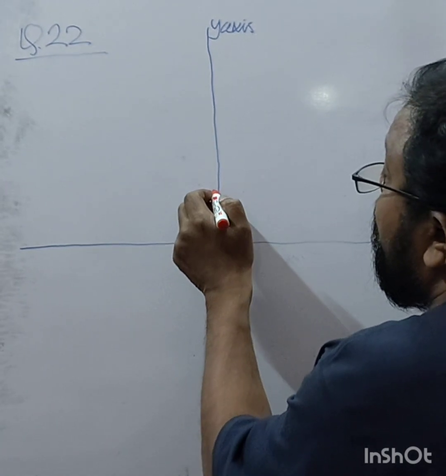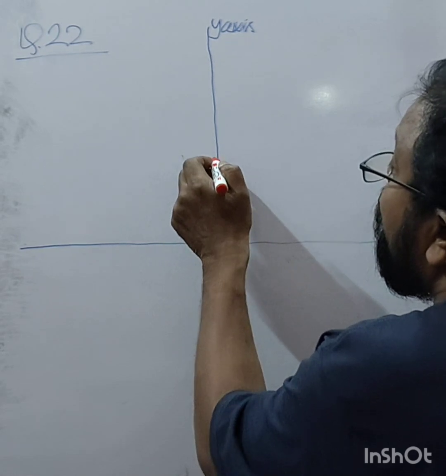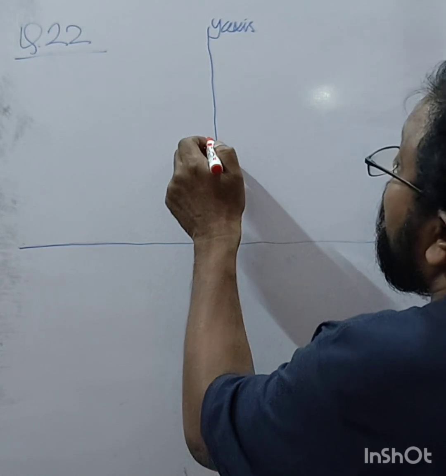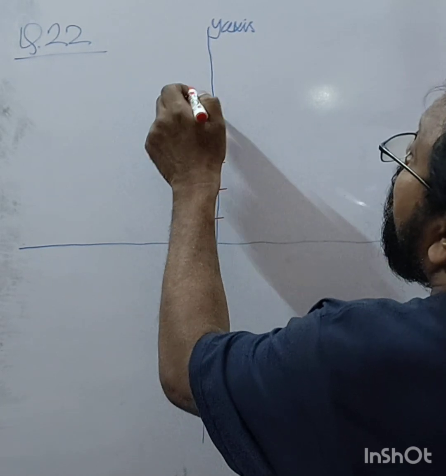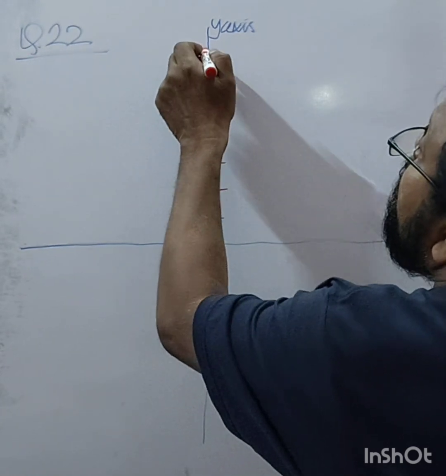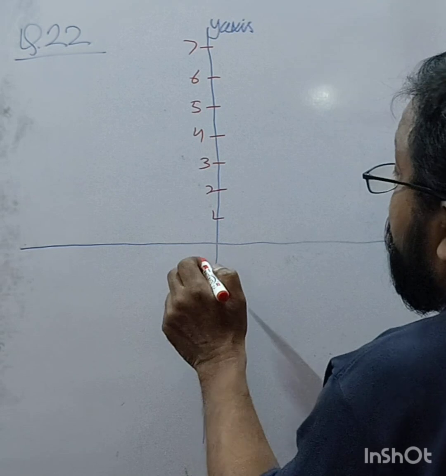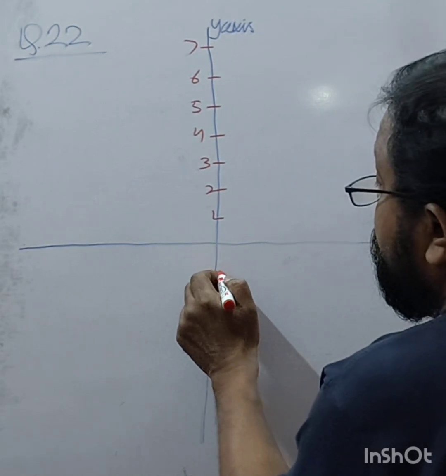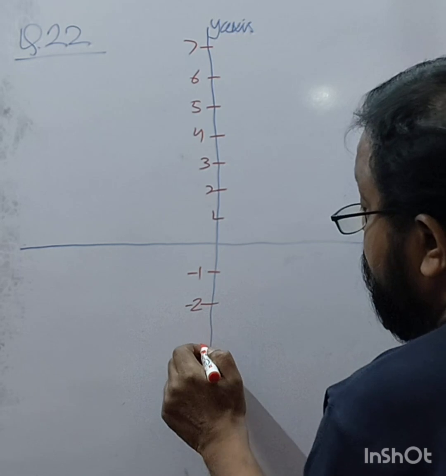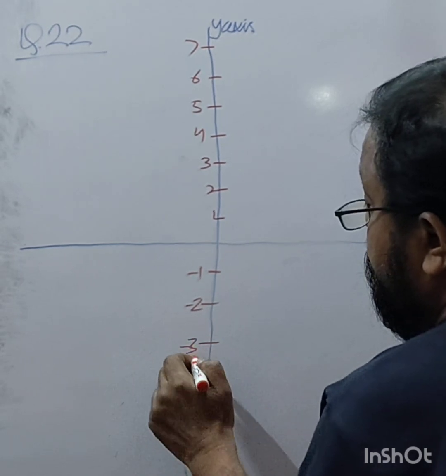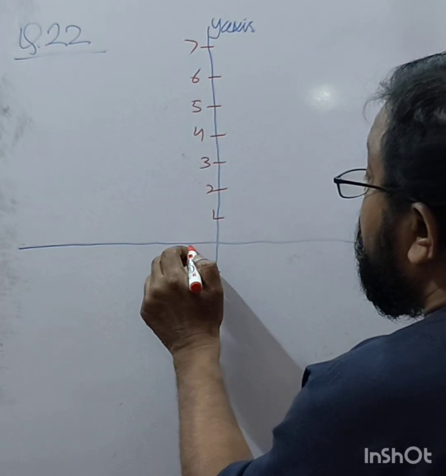1, 2, 3, 4, 5, 6, 7. This is -1, -2, -3. We do not want that.